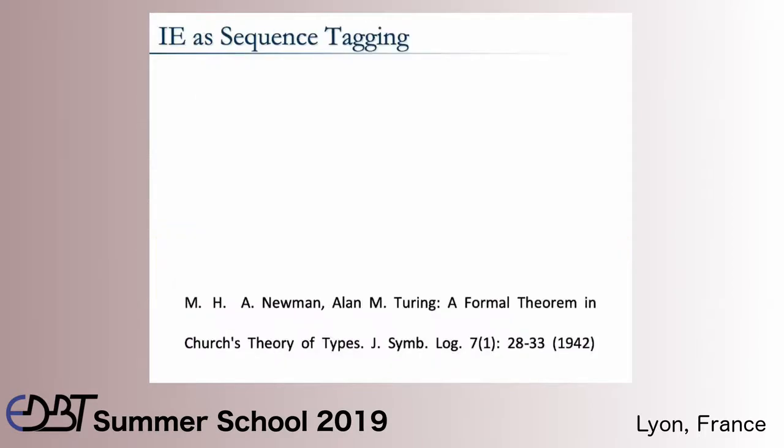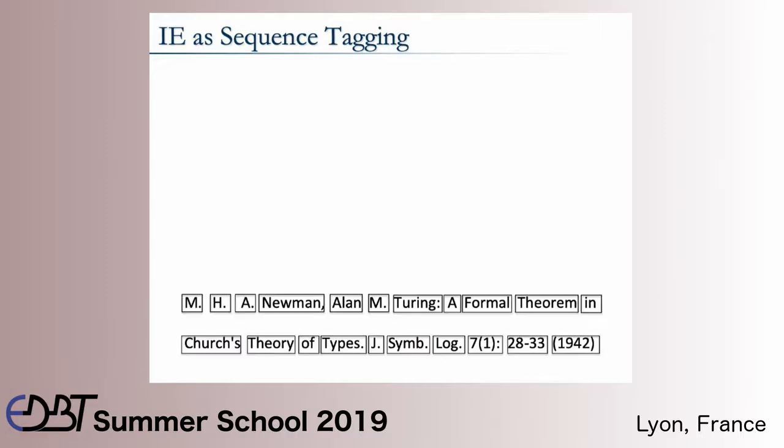Okay, so obviously machine learning came into the picture. And so a lot of the work from the statistical machine learning community views this task basically as a sequence tagging task.